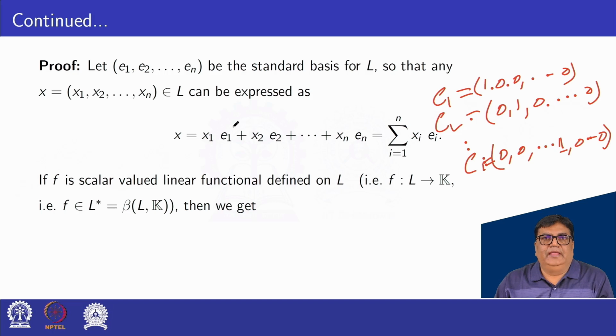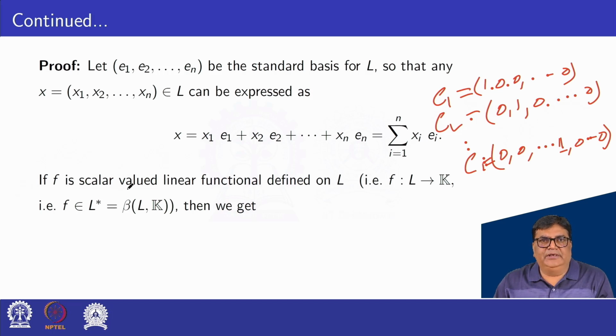So here we can see easily x equal to the n-tuple x1, x2 and so on xn can be expressed as x1 e1 plus x2 e2 plus and so on xn en. In a short way, we can write this as summation i equal to 1 to n of xi ei.